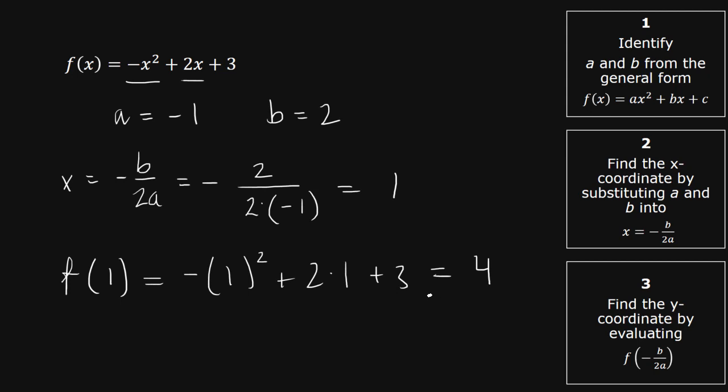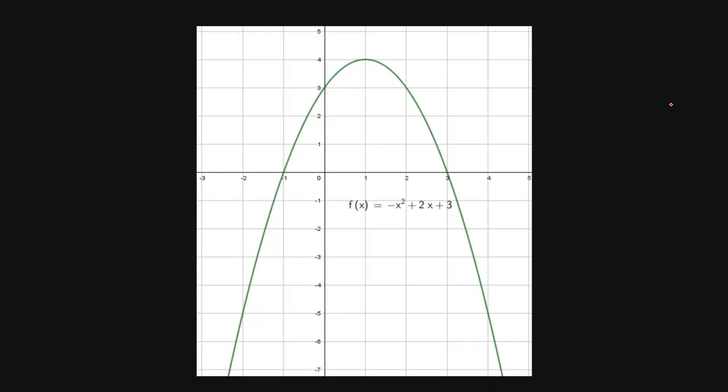This is the y-coordinate. So the coordinates of the vertex are 1, 4. We find this point here. x is 1 and y is 4.